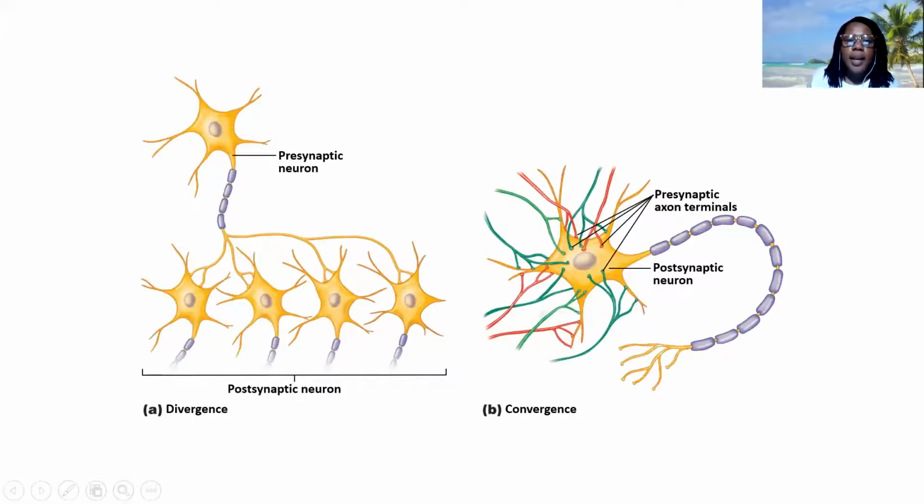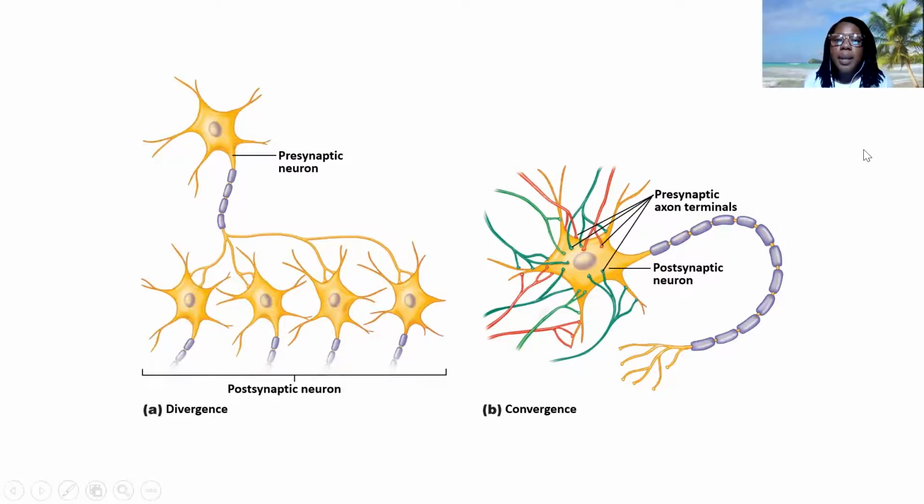And so here we can see the illustration of divergence versus convergence. Divergence is pretty much splitting of the signal. So we have one axon synapsing onto several different neurons. And so we've got the separation of the signal into many different synapses on many different postsynaptic neurons.